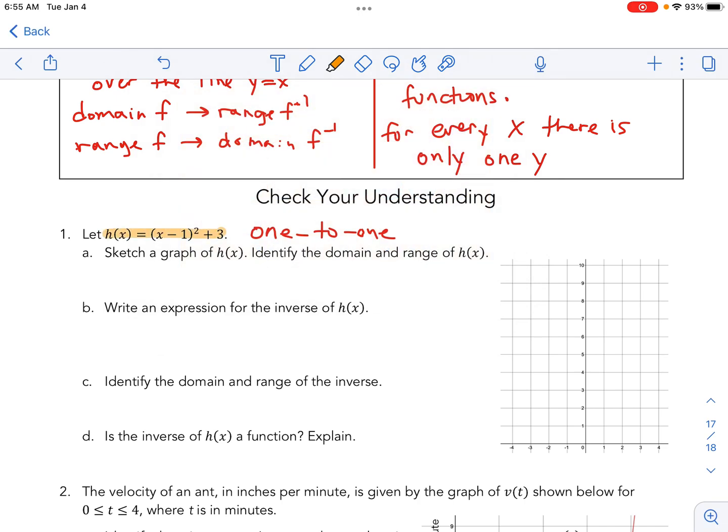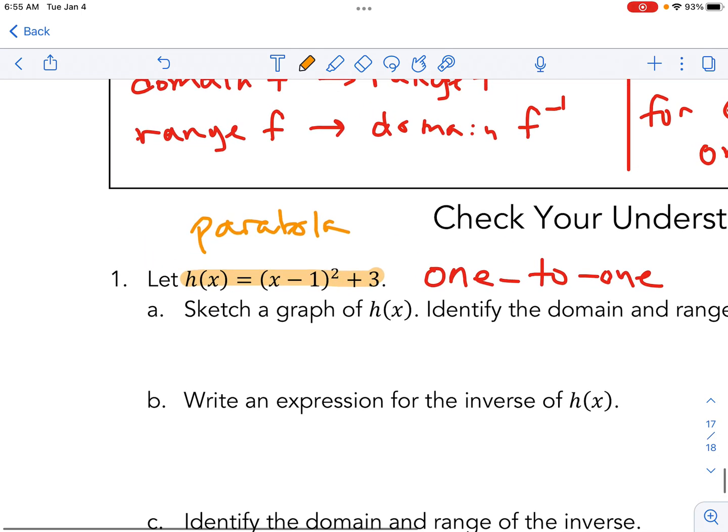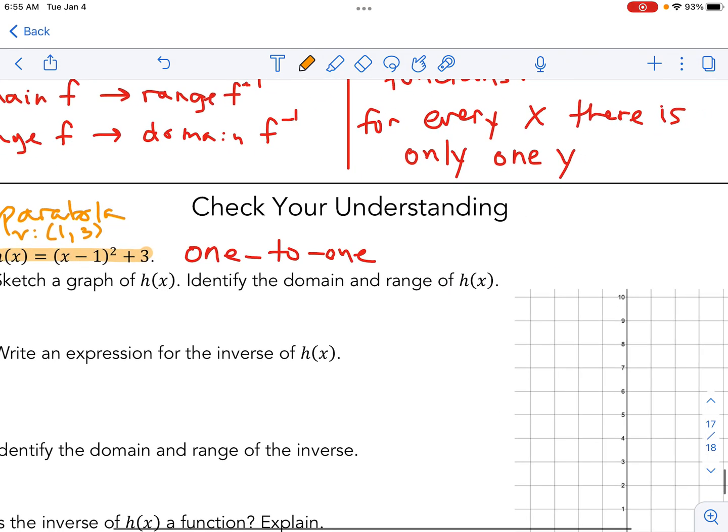And so we know from our previous unit that this is a parabola, right? And its vertex is 1, 3.